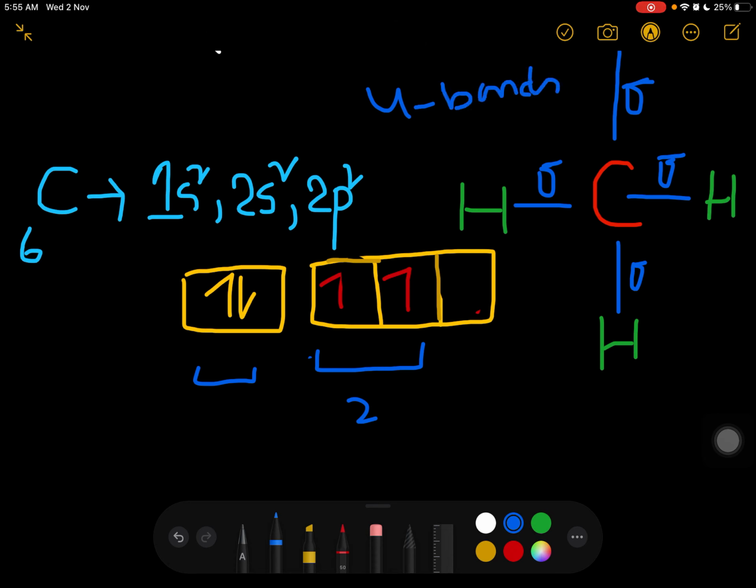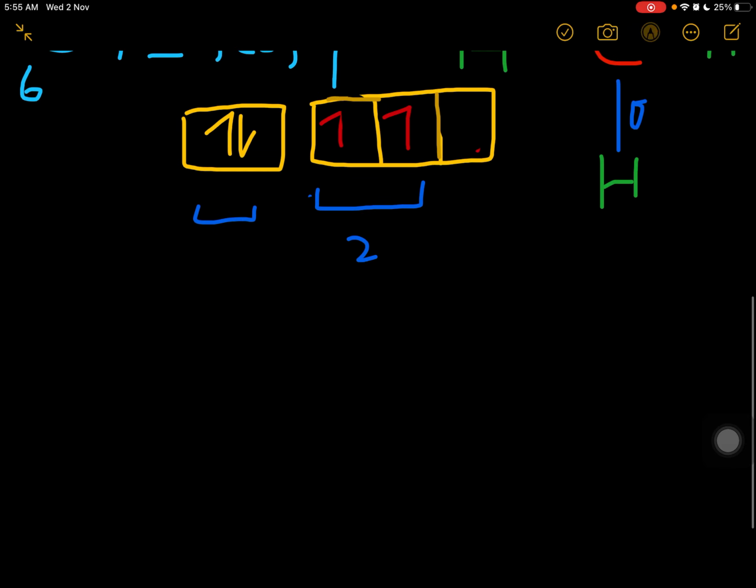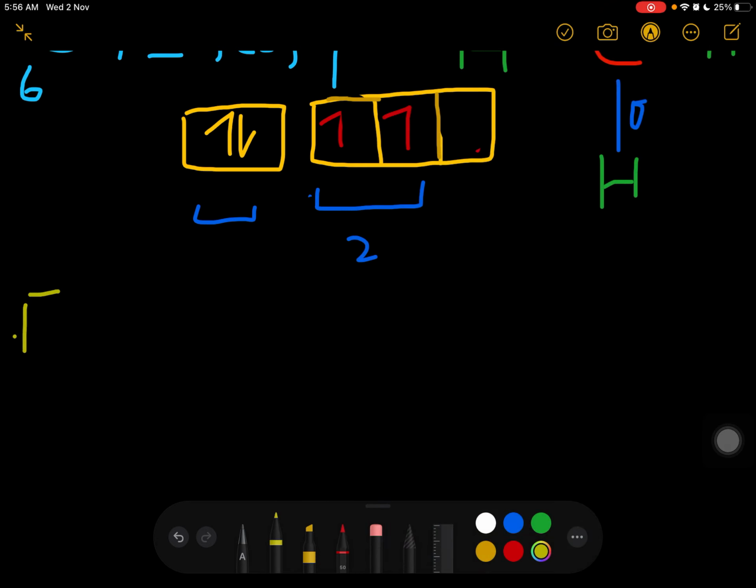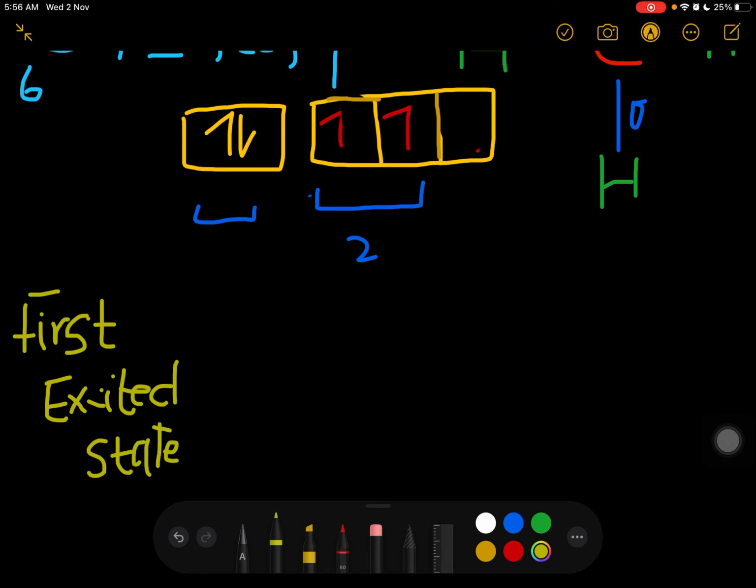Obviously, in order to increase its valency, it will go into its first excited state, right? What will happen over here?